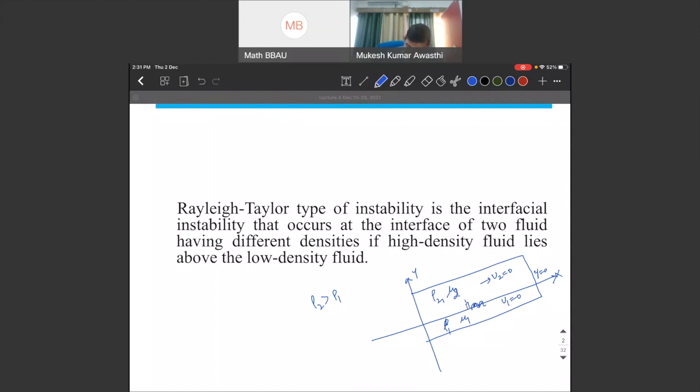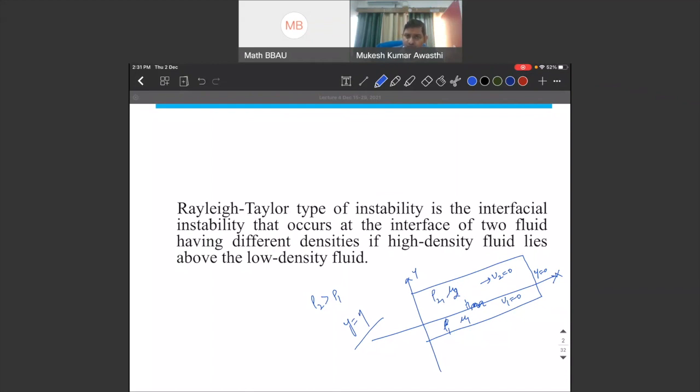So in the perturbed state, y can be written as eta. Rayleigh-Taylor instability occurs when we have a top-heavy arrangement. For example, just take some oil in a glass and put some water on it. You will see that the oil will come above the water, and this phenomenon is known as Rayleigh-Taylor instability.